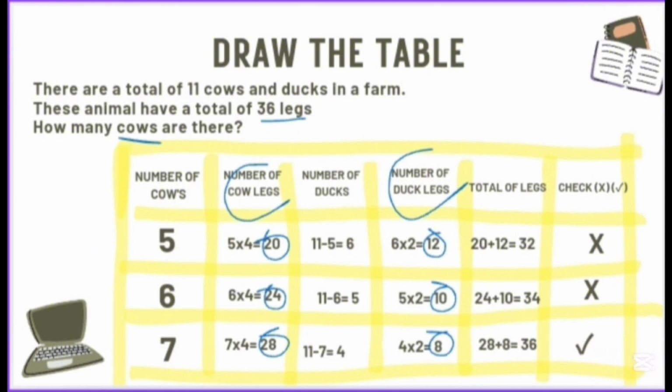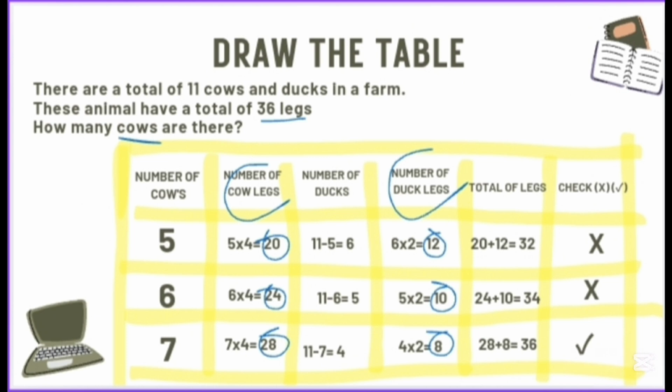Each duck has 2 legs, so the total number of duck legs is 6 ducks times 2 legs equals 12 legs. To find the total number of legs, we add the cow legs and duck legs together. 20 cow legs plus 12 duck legs equals 32 legs.